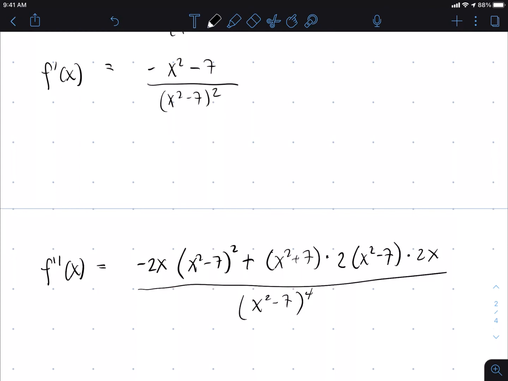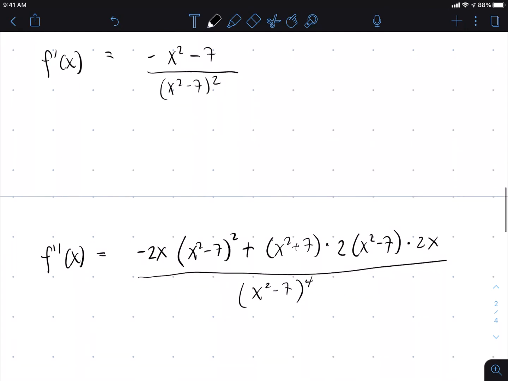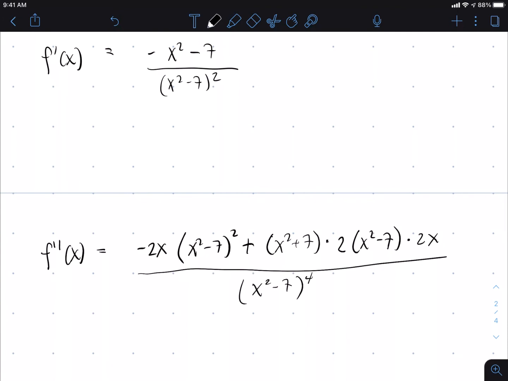Do we agree? I'm going to clean it up in a second, but do we agree? Yes. We okay? Okay.